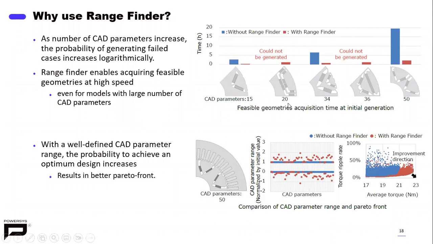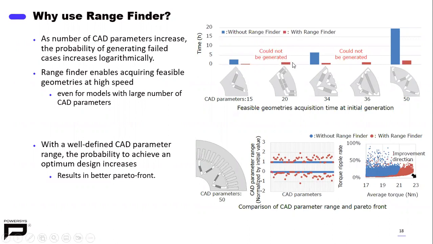If we go without using the rangefinder, then because of such a complex geometry, we won't get a proper optimized rotor itself. So without using the rangefinder for this complex geometry, the cases will break, the geometry will break for different cases, so it is represented as could not be generated.